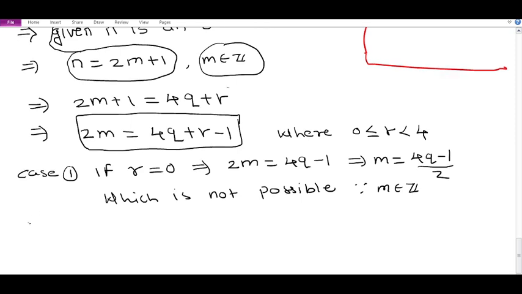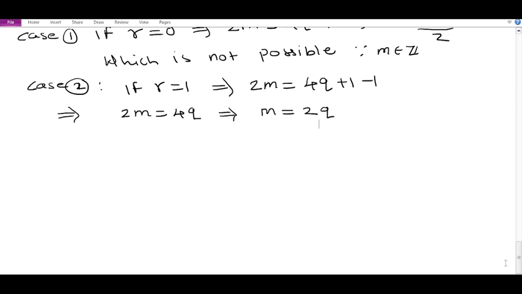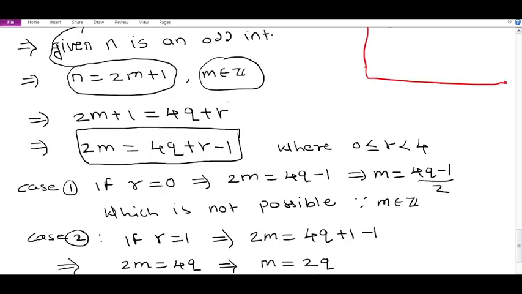So case number 2, if r is 1, then 2m is equal to 4q plus 1 minus 1. Putting r equal to 1 in this equation, 2m is equal to 4q, and this implies m is equal to 2q.